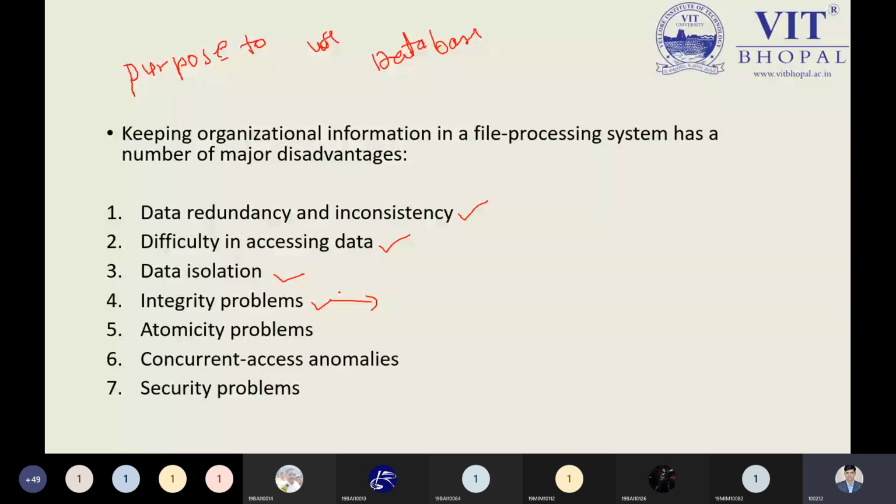But in a database system, we can manage and solve this problem in a simple way, because the database and related files are stored in the same folder, the same pattern and the same database. So integration between all the databases will be simple, and the relationship will also be maintained. So this is the integrity problem.